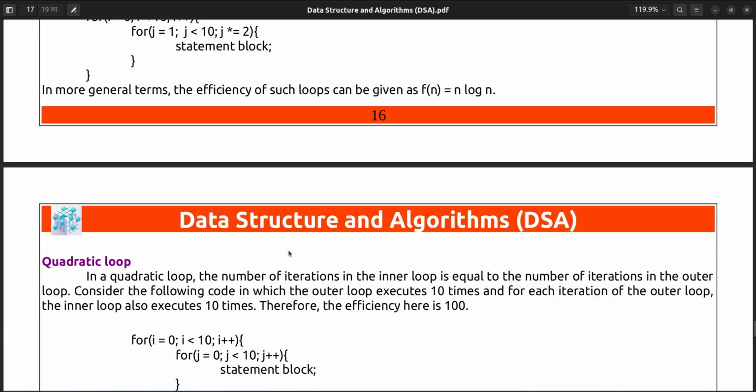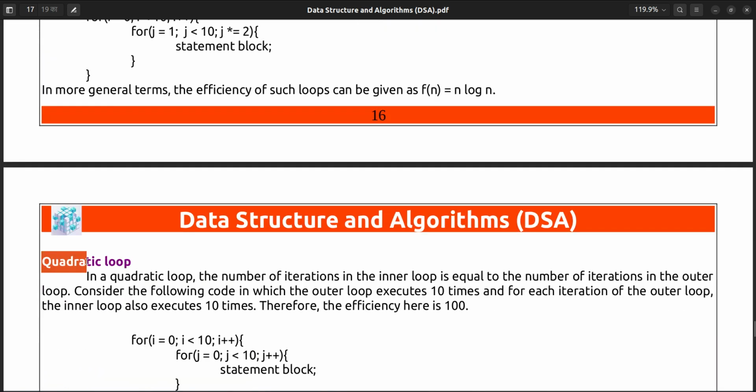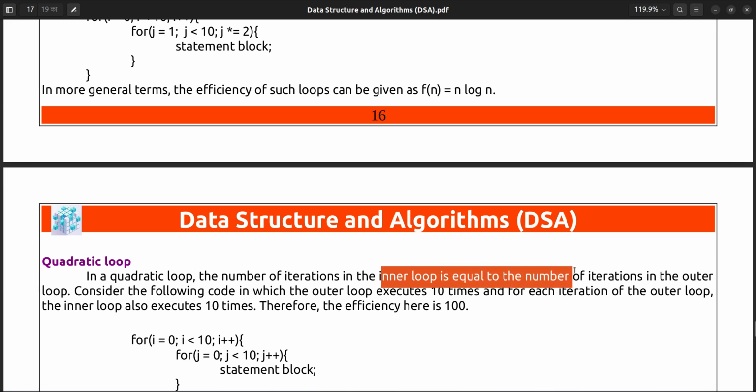Okay, fine. Next one is the quadratic loop. So this was a linear logarithmic loop. Next one is the quadratic loop. In a quadratic loop, the number of iterations in the inner loop is equal to the number of iterations in the outer loop.